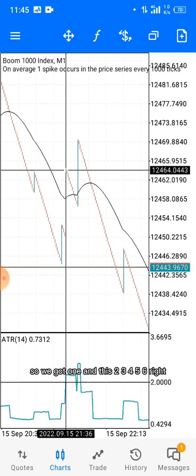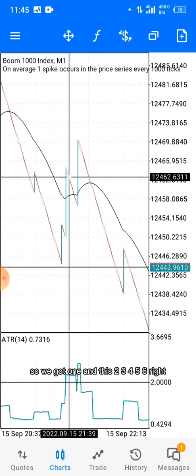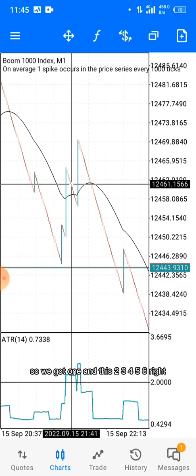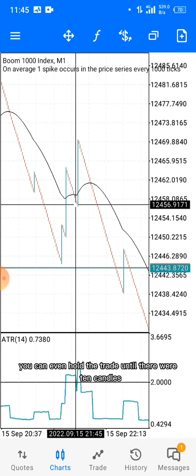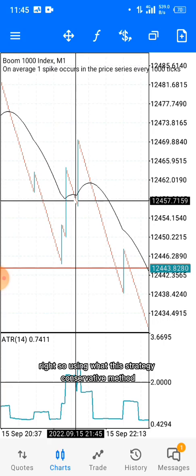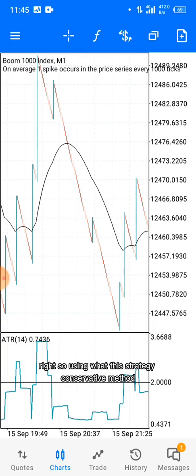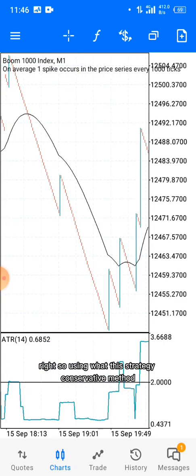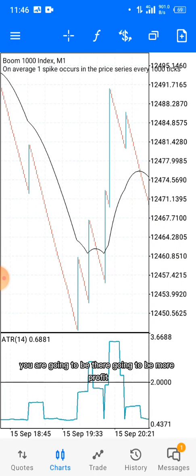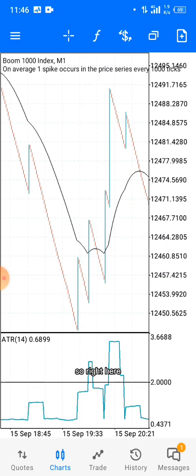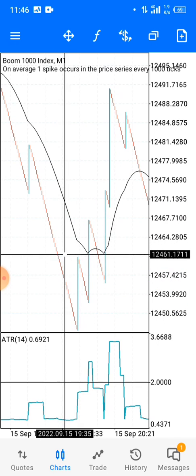We've got 1 candlestick, 2, 3, 4, 5, 6. You can even hold up to, I'm sure, 10 candles. Using this conservative method, there are going to be more profits than losses.